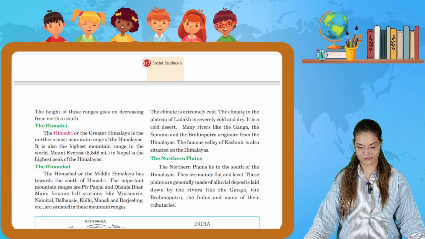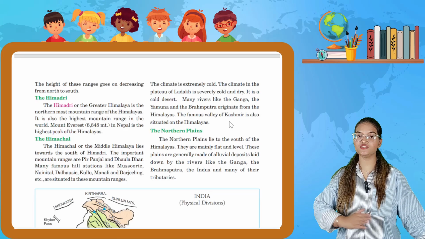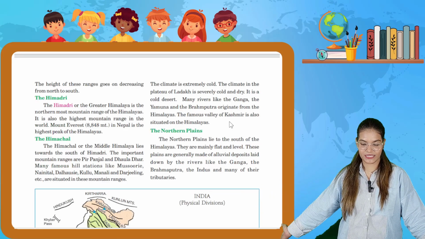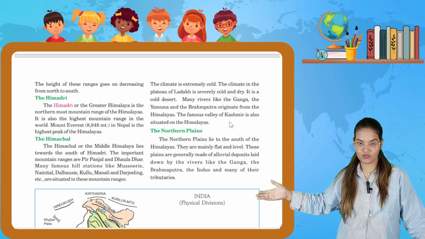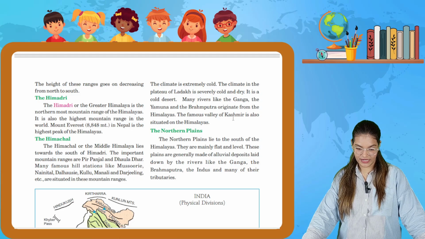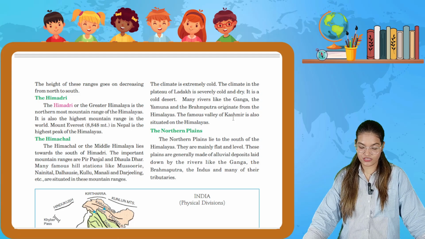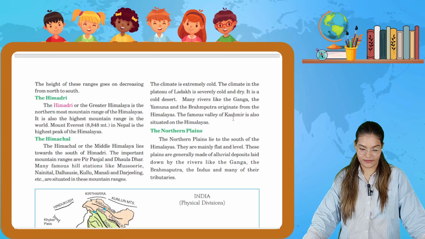Understand, my students? Now move to the next. The Himachal, or the middle Himalaya, lies towards the south of Himadri. The important mountain ranges are Pir Panjal and Dhauladhar.